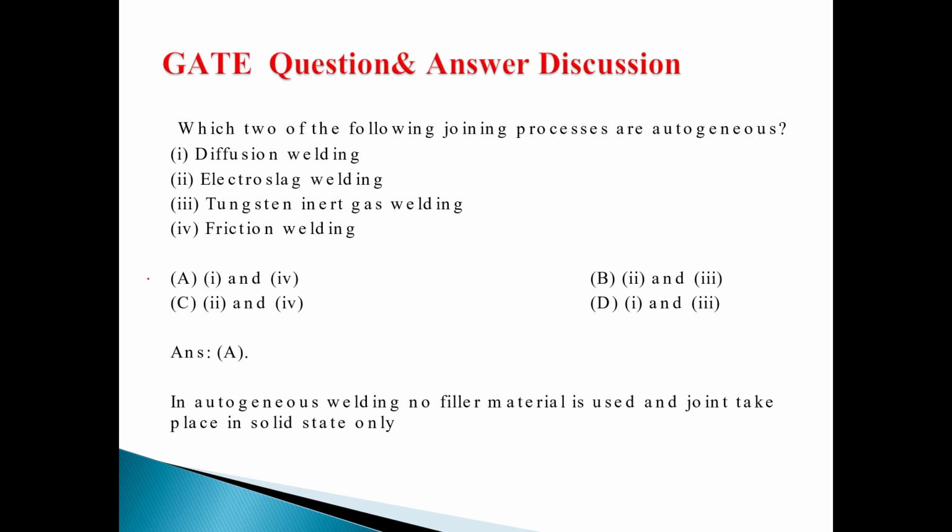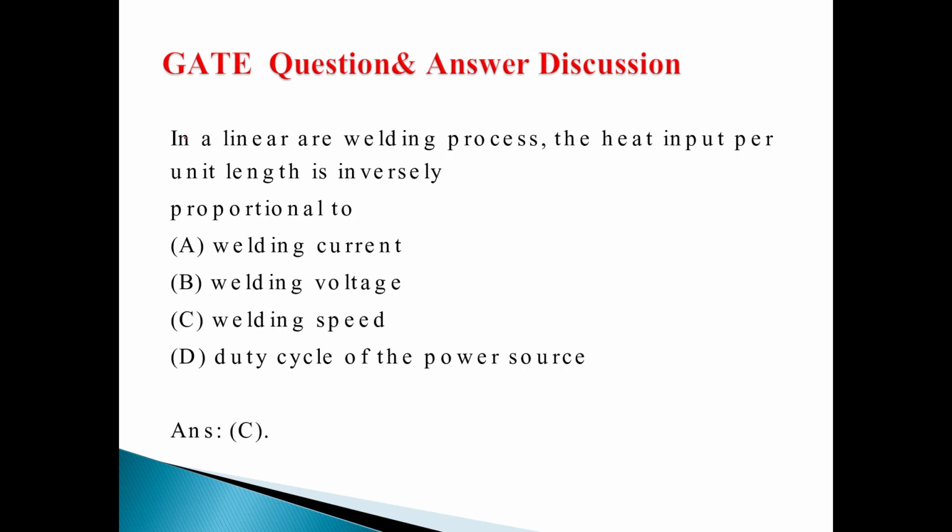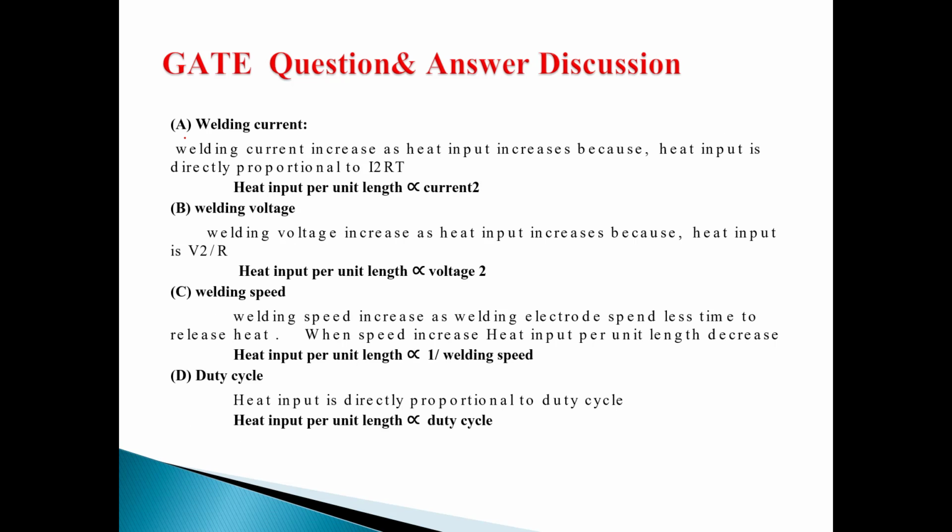So answer is A. Next question is, in a linear arc welding process, the heat input per unit length is inversely proportional to: welding current, welding voltage, welding speed, duty cycle of the power source. We know that Q equals I squared RT.